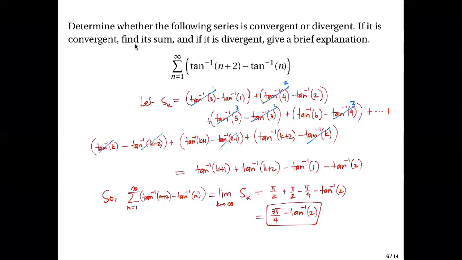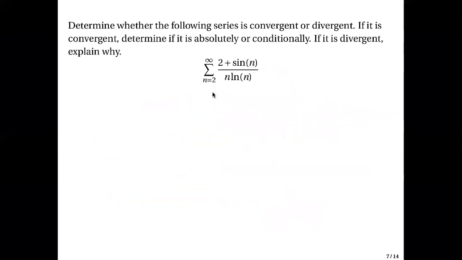For the previous problem, if it is convergent, you need to find the sum. So you should have a way of finding the actual sum. On the other hand, you may or may not be able to find the actual sum if it is convergent. However, you have to say if it is absolutely convergent or conditionally convergent.